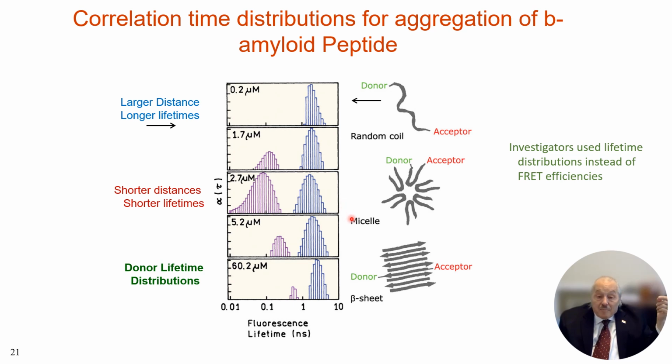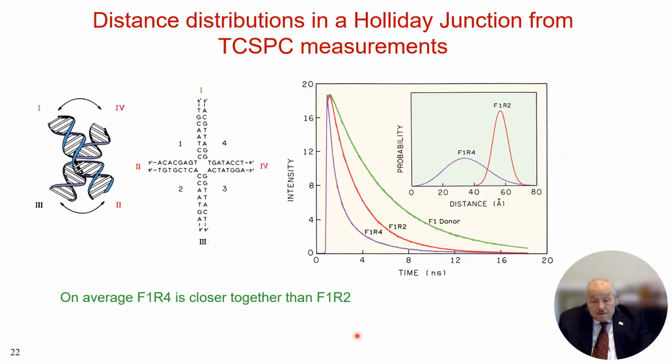But when they went up to higher concentrations, it straightened out again and went only to one long lifetime. And it confirmed what they thought was going to be the structure of the amyloid peptide in different concentrations. And like I said, they use lifetimes, which is essentially the same as using distances.